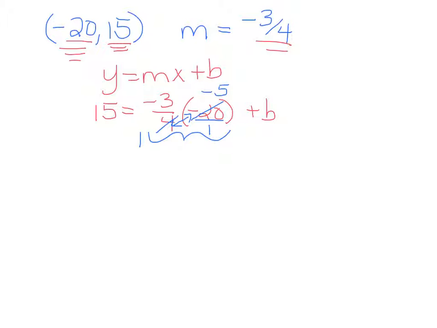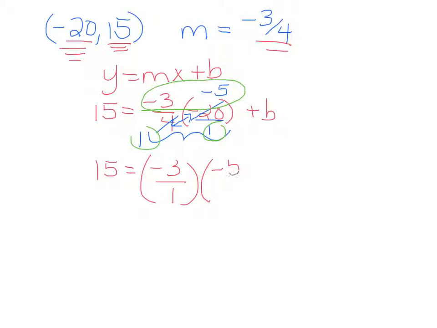So now what this boils down to is negative 3 times negative 5, since the denominators are both 1. So let's just write this out in a more clear fashion. I'll go ahead and write those 1s on the bottom just so you can see that.